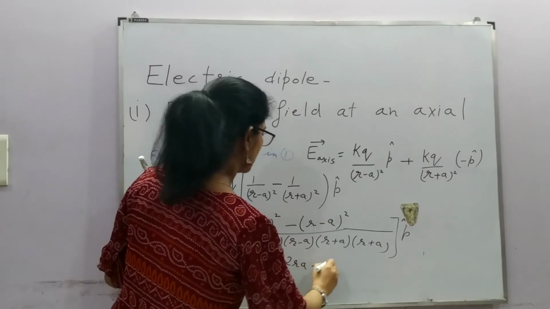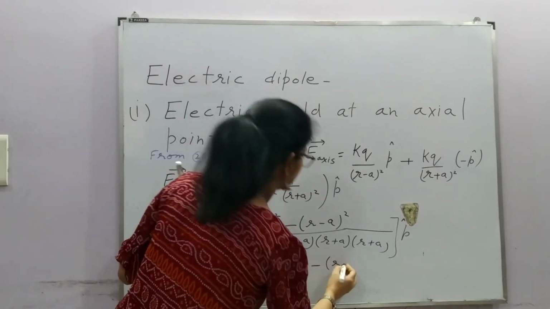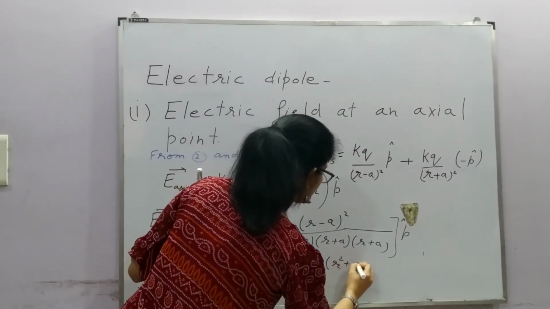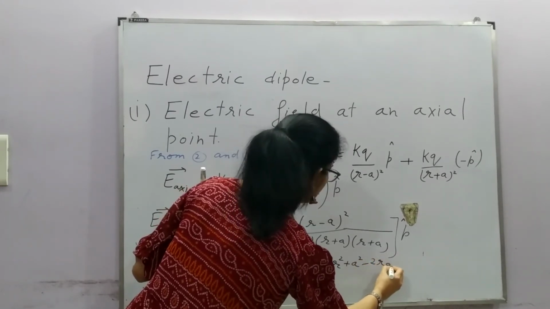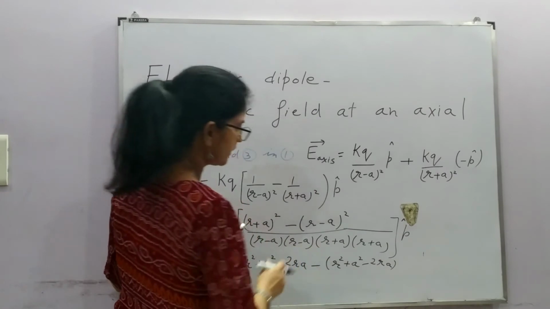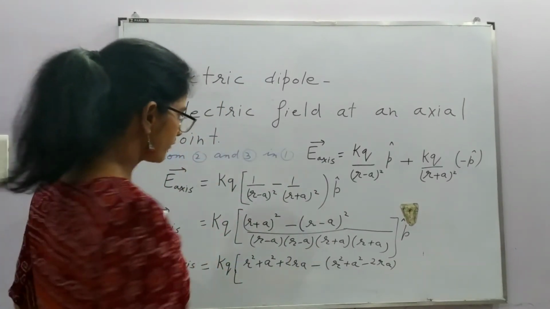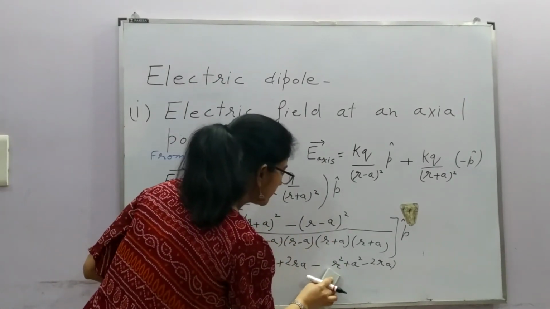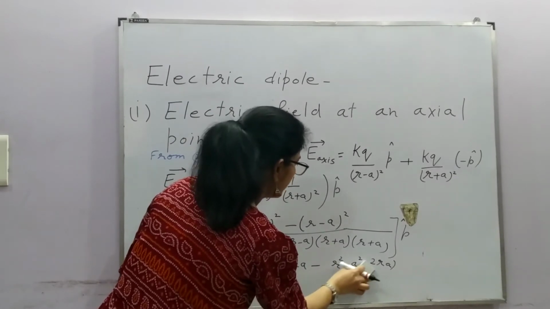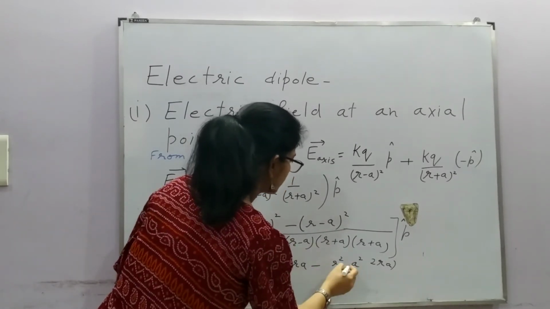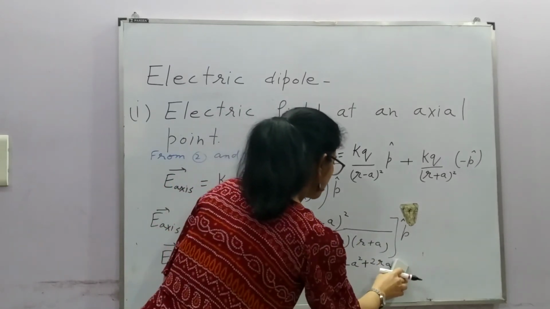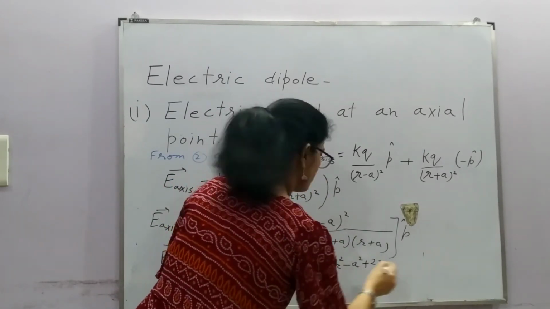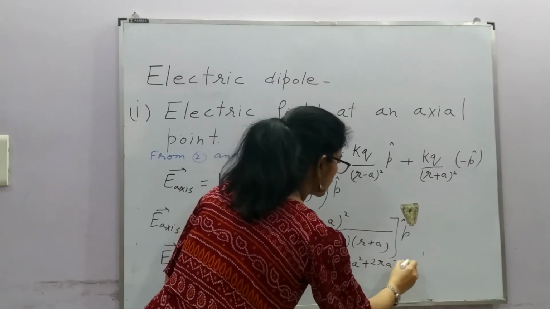Similarly, this is A square plus B square minus 2AB. Now if I open this bracket, I need to save some space here. So if we open this bracket, the sign will be opposite because here this is a minus sign. So this will be minus and this will be plus. So this makes it the present form of the equation.